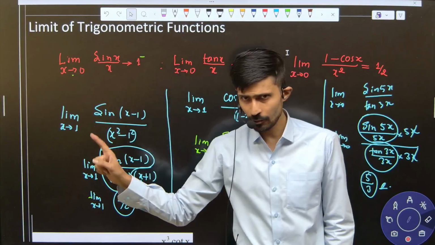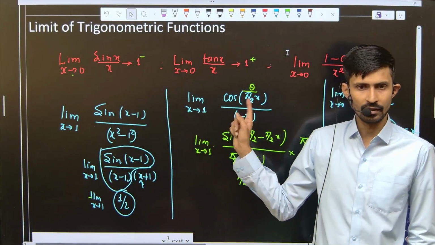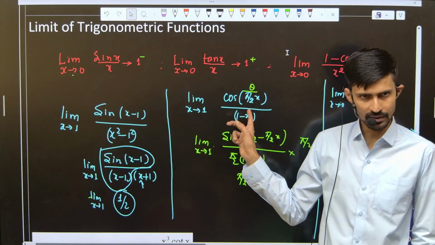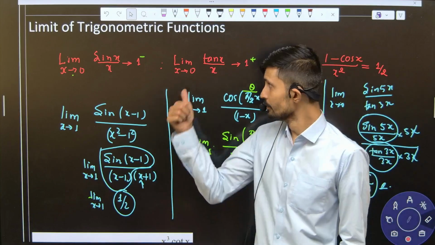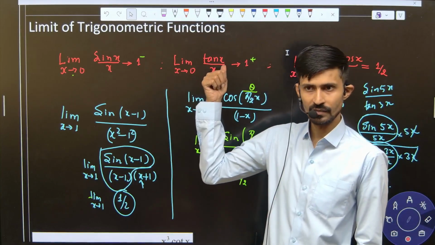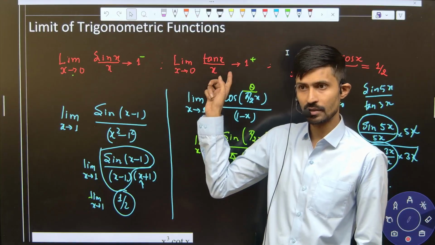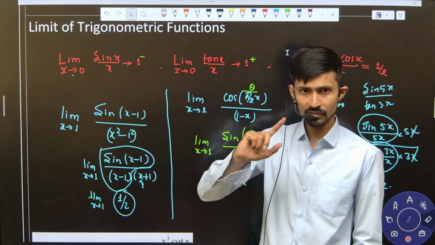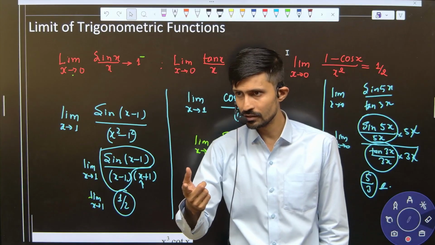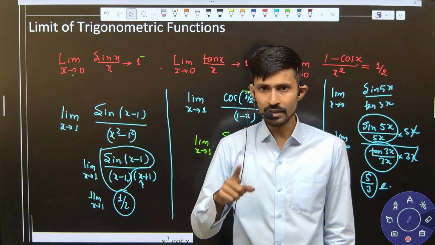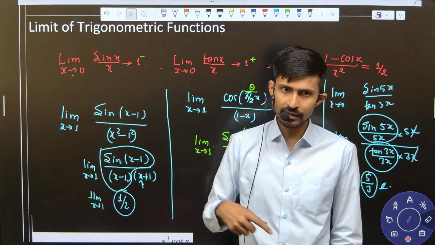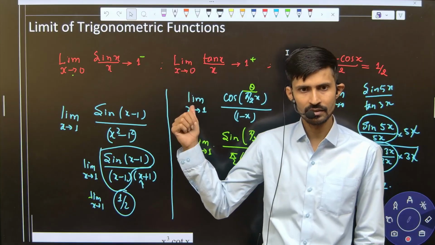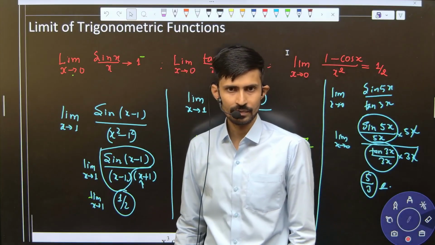But if single name of cos is there, then write cos as sin of pi by 2 minus theta, then solve with the formula. Tan is there, and you know tan can also be written as cot. So whenever cot is there, always change cot into tan. Then generate tan x by x, and that will vanish.